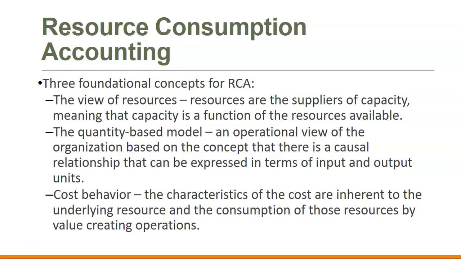If we have 10 employees and we run one 8-hour shift, then our capacity has increased. If we have 10 employees and we run two 8-hour shifts, that can alter our capacity. If we have 10 employees on each 8-hour shift, then we've doubled our capacity. But capacity is driven by the amount of resources we have available to us.